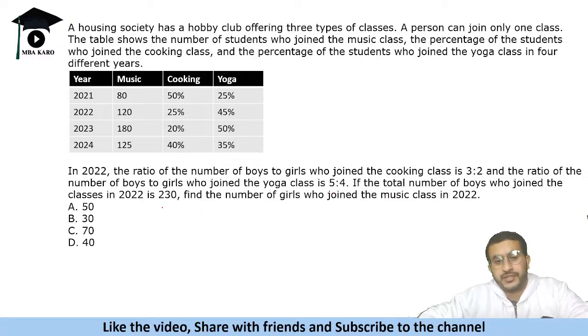If the total number of boys who joined the classes in 2022 is 230, find the number of girls who joined the music class in 2022. सो इसमें कैलकुलेशन लगेगा. आपको पता है कि सारी वैल्यूज निकालने के बाद बॉयज रेशियो गर्ल्स में डिवाइड करना पड़ेगा. सो निकालो कितना आना चाहिए.